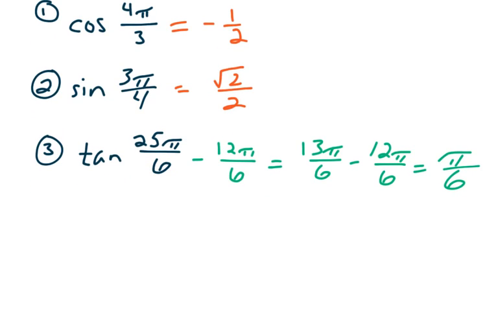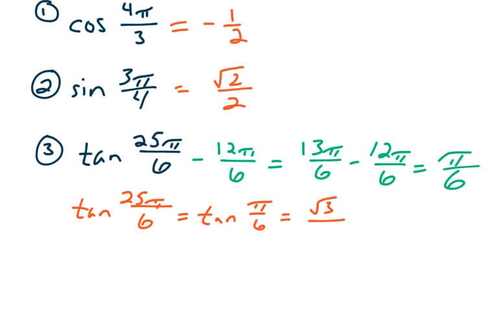It's back in chapter 5 if you've memorized it or gotten yourself a little more familiar with it. We can say the tangent of 25 pi over 6 is the same thing as the tangent of pi over 6, which is the same thing as tangent of 30. That is the square root of 3 over 3.